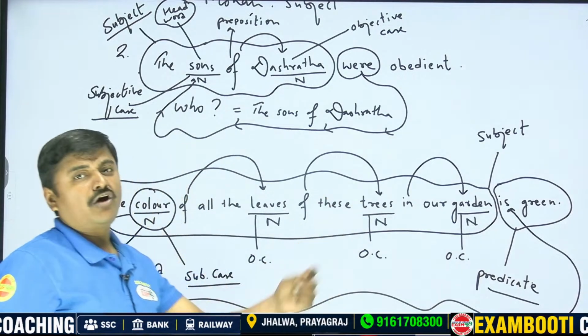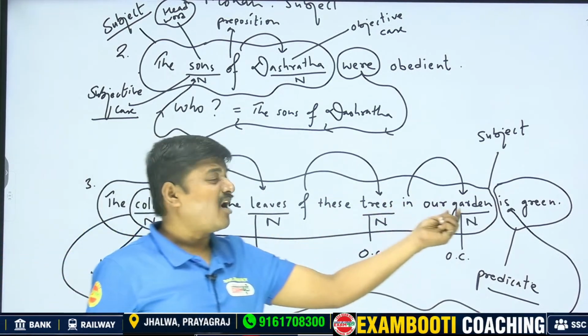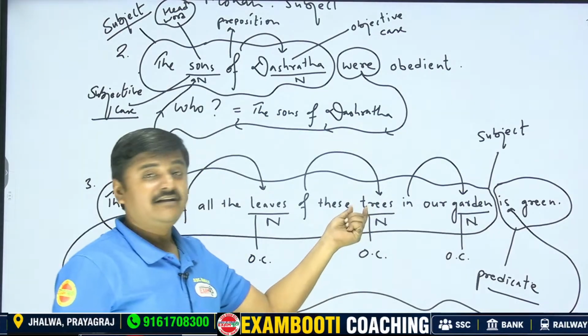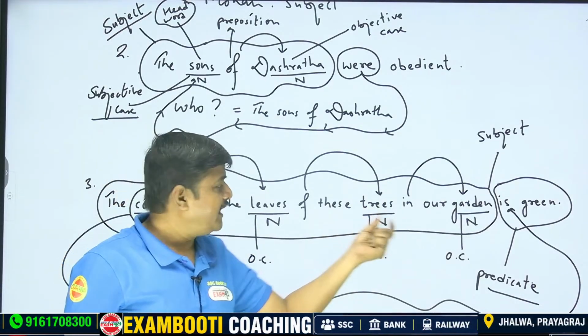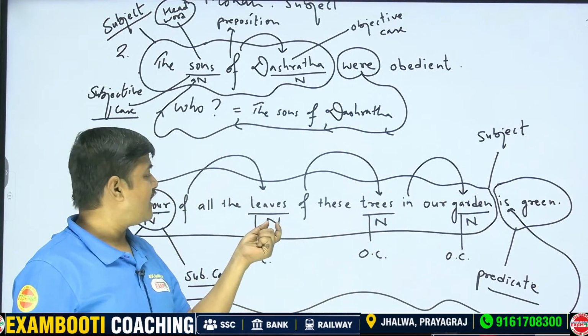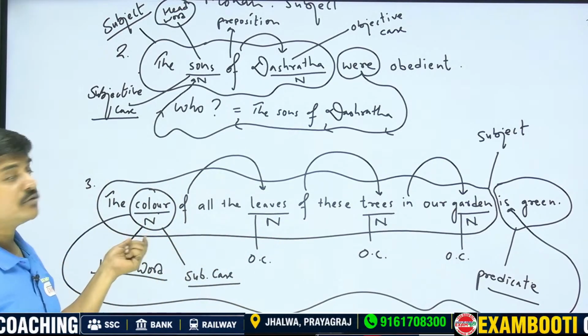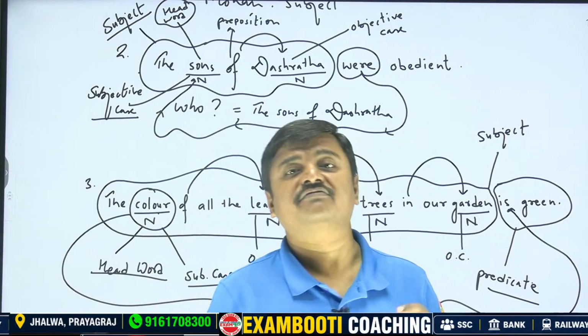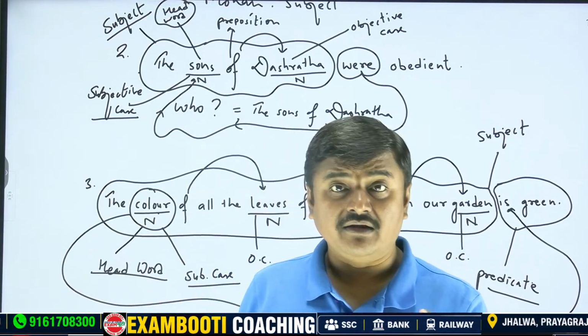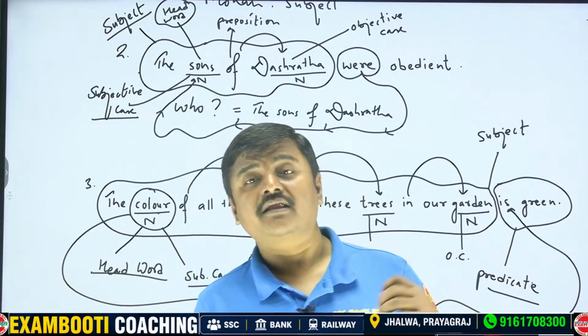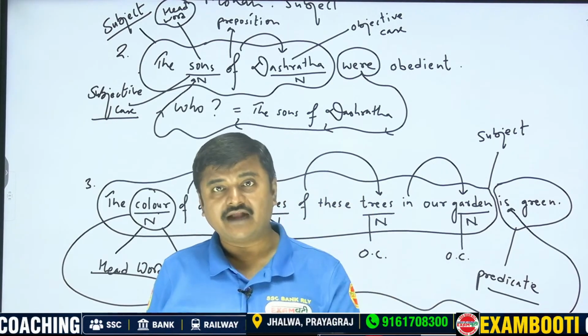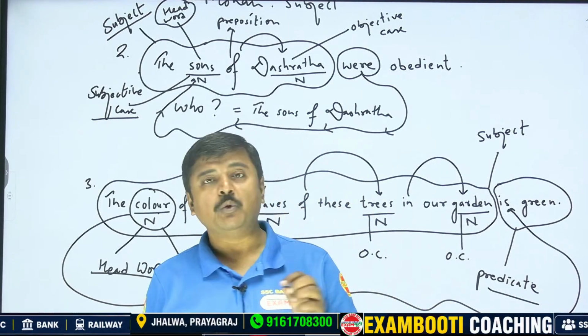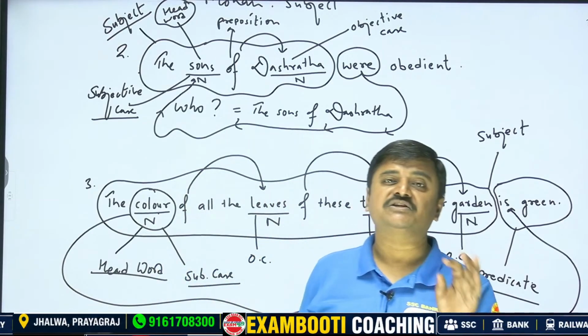Is green. What is green? A garden is not green. Trees are not green. Leaves are not green. Actually, the color is green. That is what it means. If you can analyze the sentence like that, you have the whole picture.